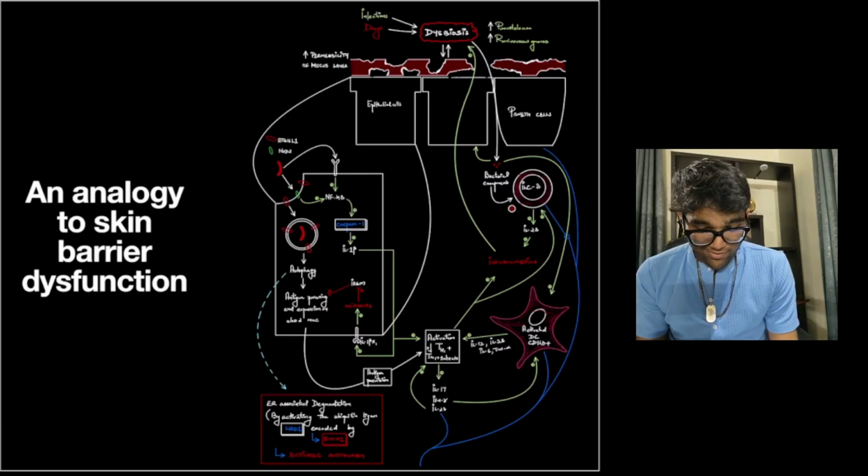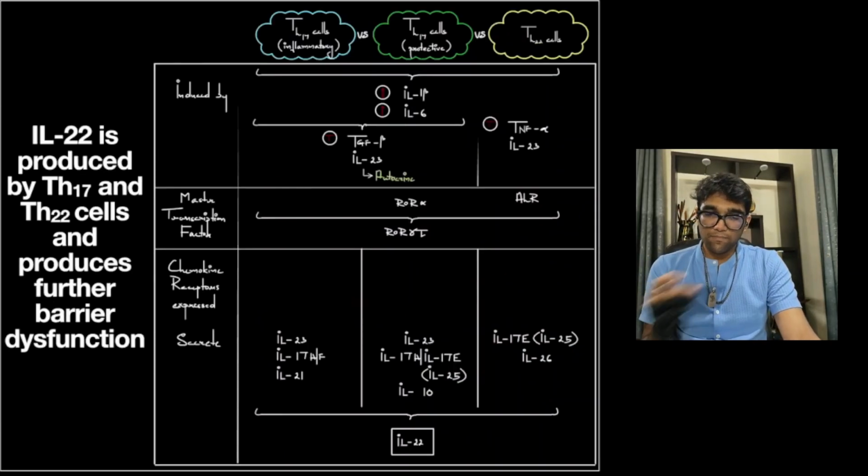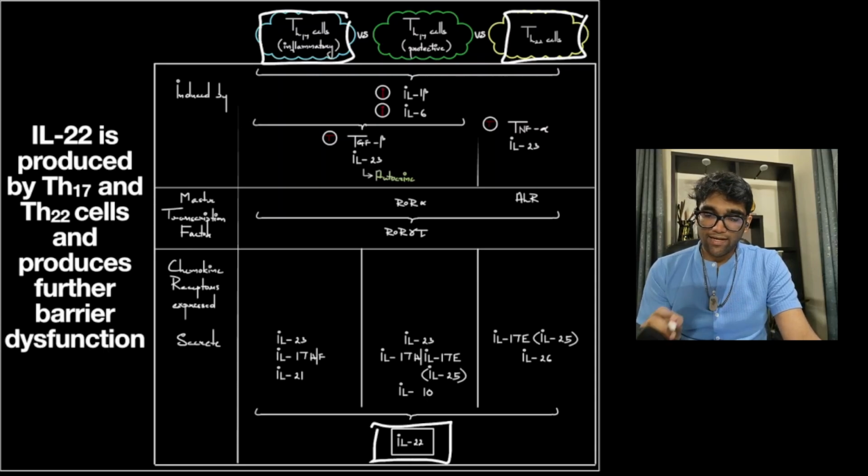And psoriasis. Okay, yeah. So as I discussed before, both Th17 cells and Th22 cells produce interleukin 22. Okay, and interleukin 22 causes epithelial barrier dysfunction.